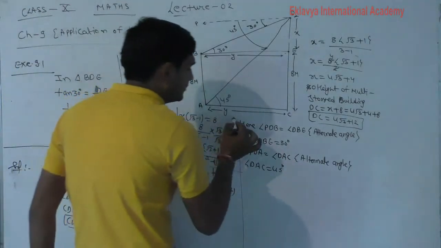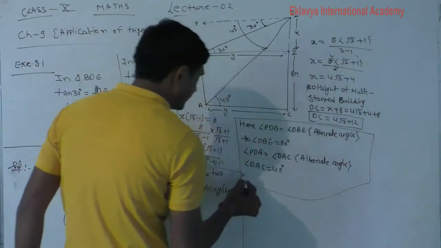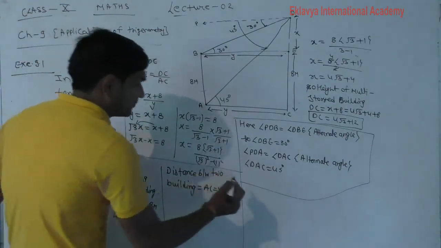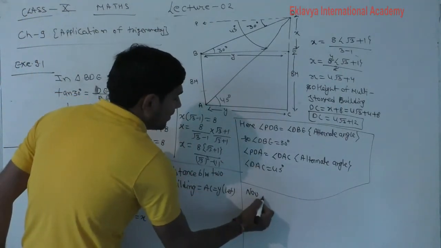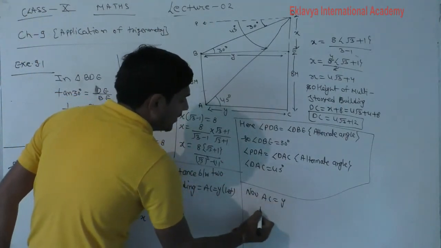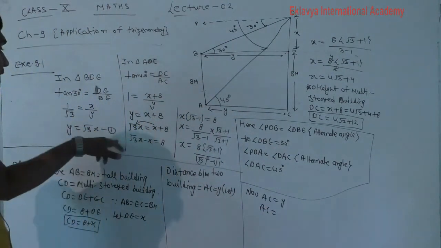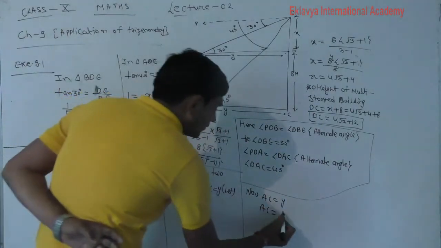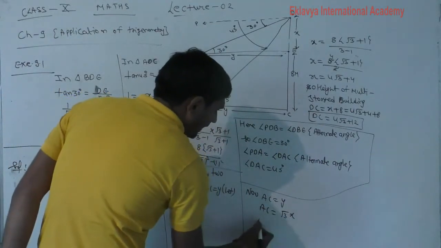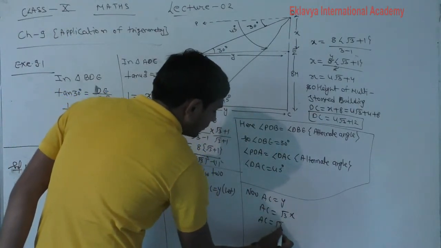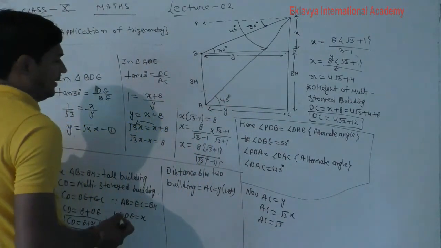Now after that we will find out the distance. Now AC, which is equal to y. So AC, how will we find out? Y, but y is equal to what? Root 3 of x. So AC is root 3 times x. What is the value of x here, students?